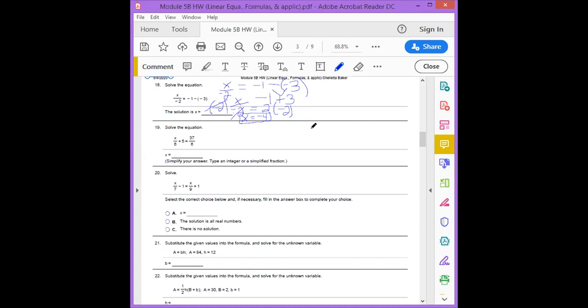Number 19, we have x over 6 plus 5 equals 37 over 6.